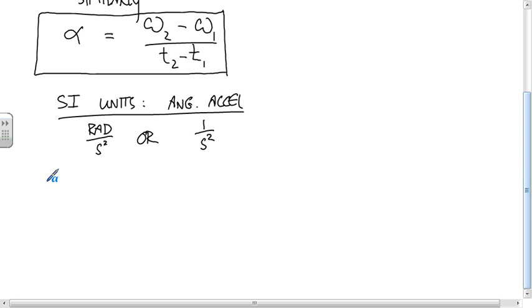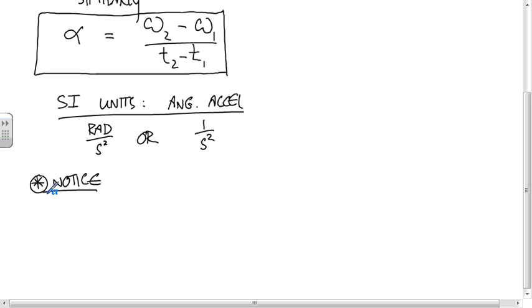And here's something, so notice the relationship between direction of velocity and direction of acceleration. We've talked about this a million different times. If velocity and acceleration are in the same direction, it means a particle is speeding up.